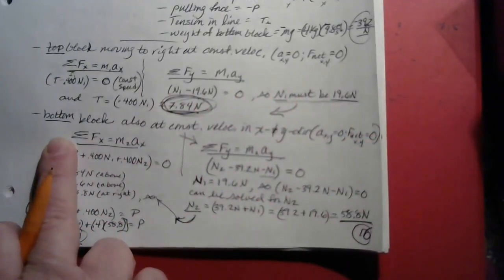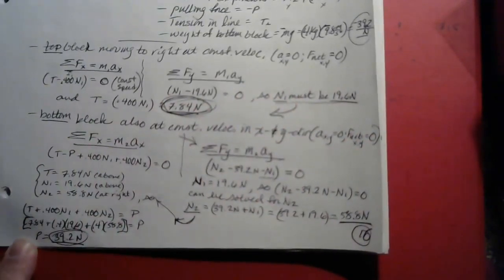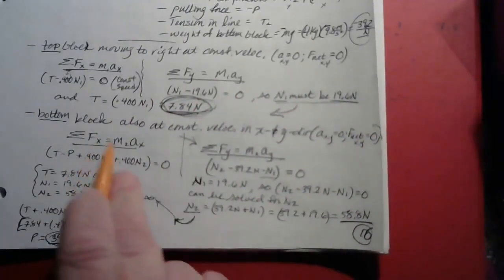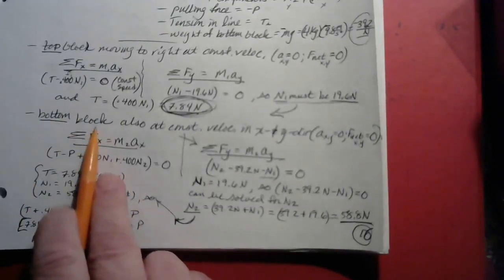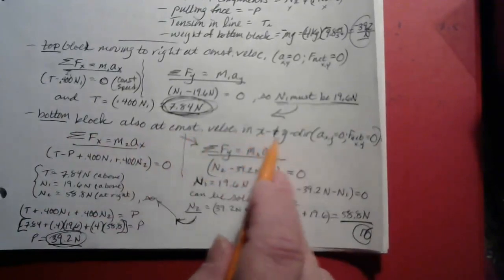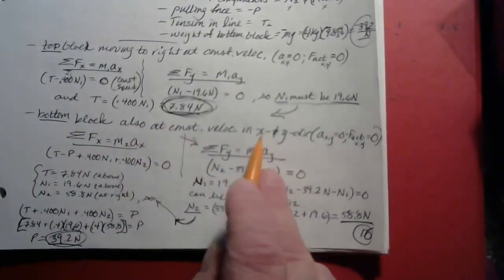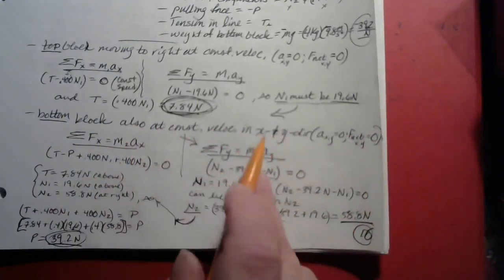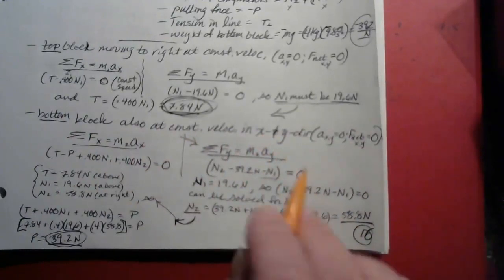All right. That is one of the things we need to find to ultimately get the magnitude of the pushing or pulling force in this case. To find that, we have to go look at the bottom block. It's also moving at a constant velocity in the x and the y direction. That is, constant velocity in the x direction. The constant velocity in the y direction is 0.